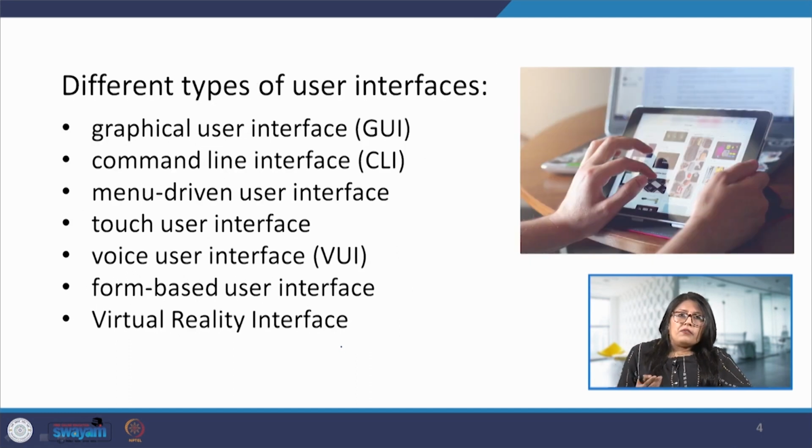So, there are many ways in which we can describe the different types of interfaces, but if we see, we can broadly club them into four broad categories. So, depending on the function of the particular interface. So, for example, whether it is intelligent, whether it is smart, adaptive. So, based on function we can club some of them together. The second is the interaction style.